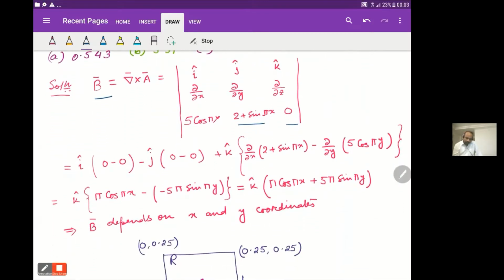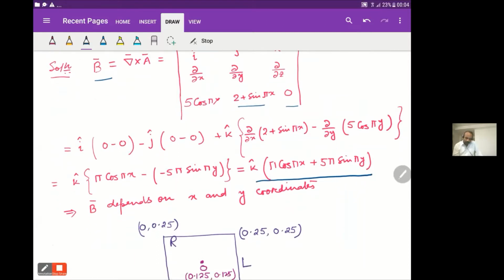If we do the mathematics, we find that B is equal to k cap, pi cos pi x plus 5 pi sine pi y. It also tells us that B depends on both x and y coordinates.